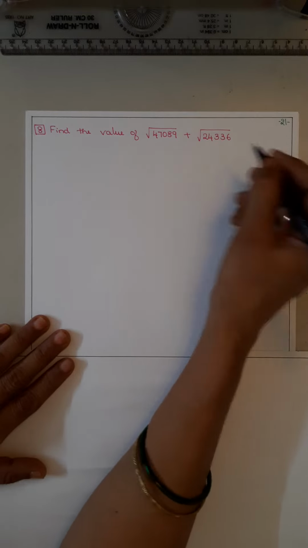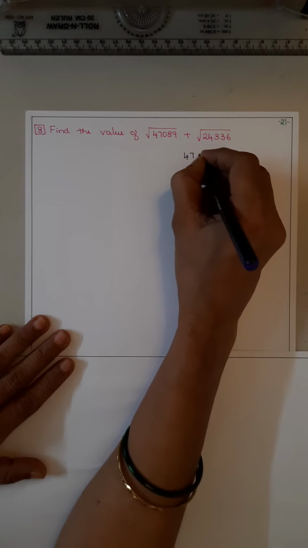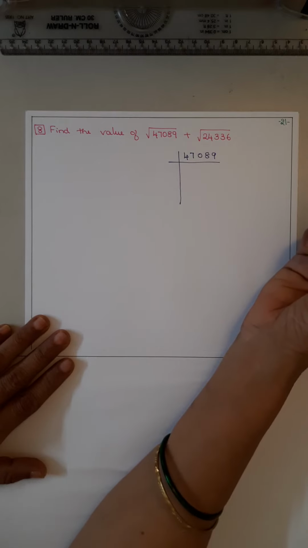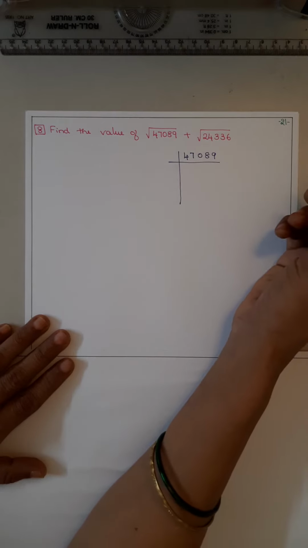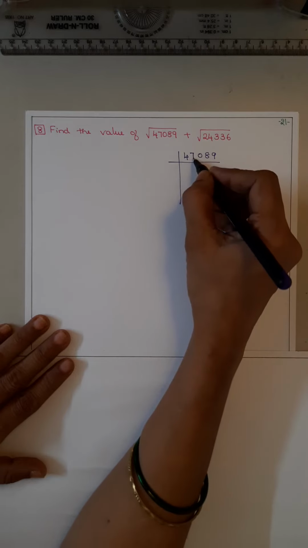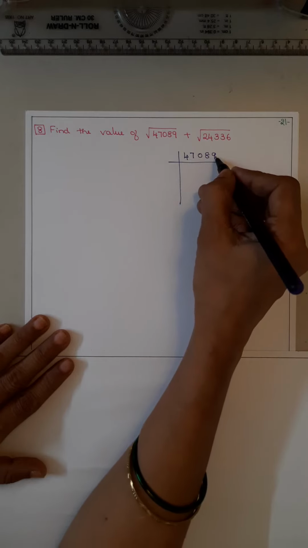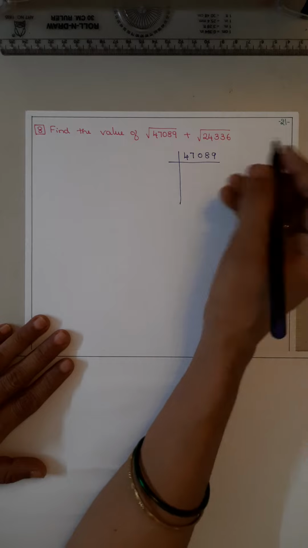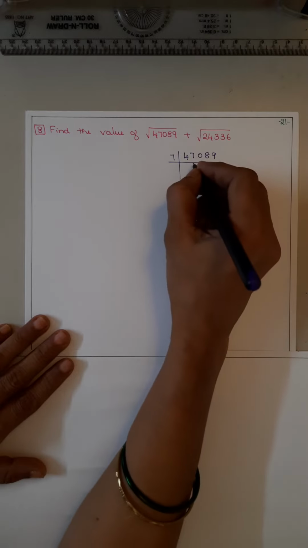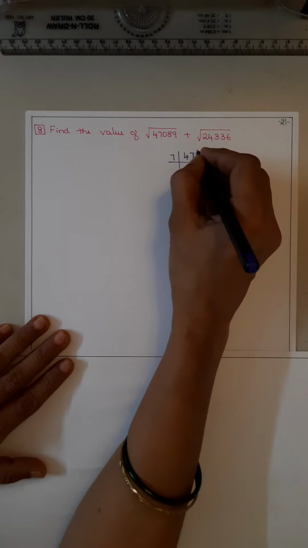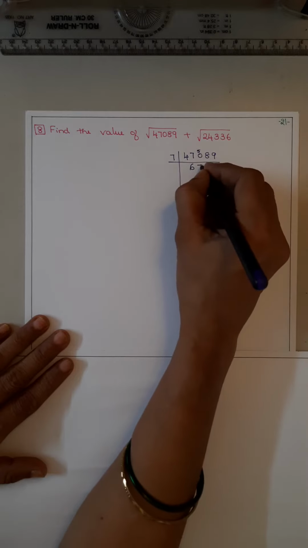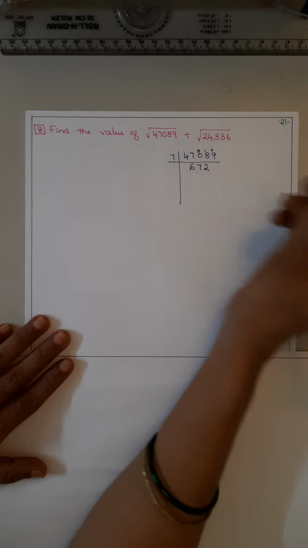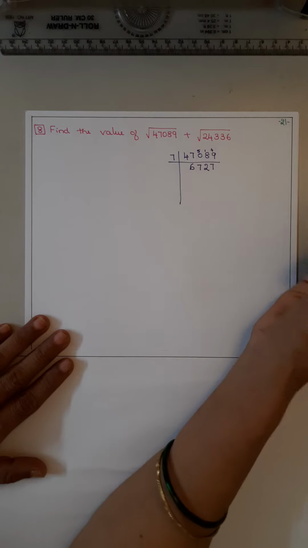Now it is 47089, ending with 9, means no 2. 3 से देखो, it is 11, 19, 20, 28. No 5 नहीं होगा, डायरेक्टली 7 से जाएगा. ठीक है? 7 6s are 42, 5 remains. 7 7s are 49, 1 remains. 7 2s are 14, 4 remains. 7 7s are 49.